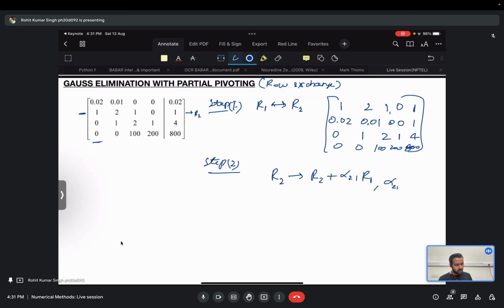And alpha 21 is just minus A21 by A11, right? And here the A21 now is 0.02 and A11 is 1. Okay, so this is your A11 and this is your A21. So this is a simple arithmetic.